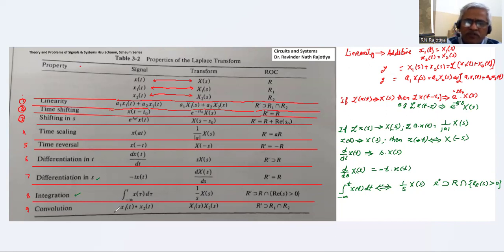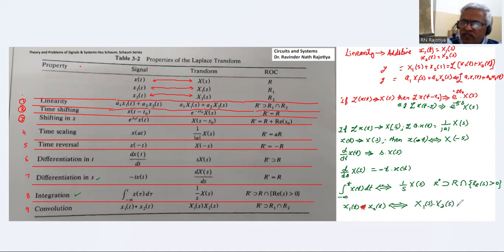The convolution property says if you convolve two signals x1 of t convolved with x2 of t, its Laplace is simply x1 of s dot x2 of s. This is the convolution symbol.